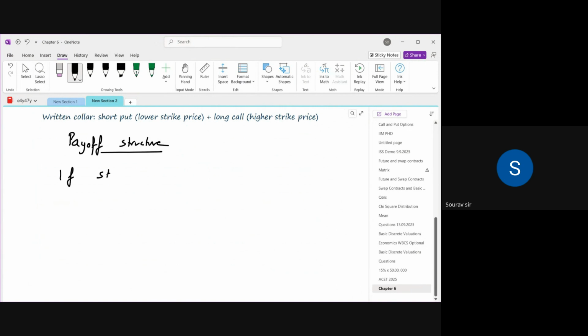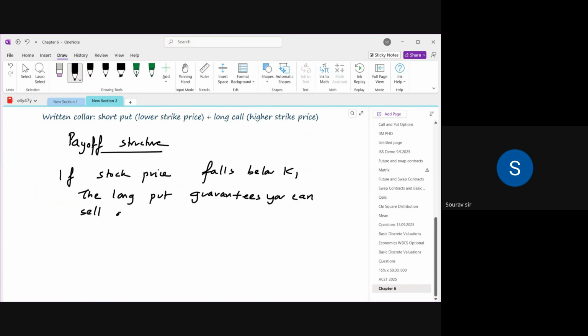If stock price falls below K1, then the long put guarantees you can sell the stock at how much? K1. So you are protected from large loss here.